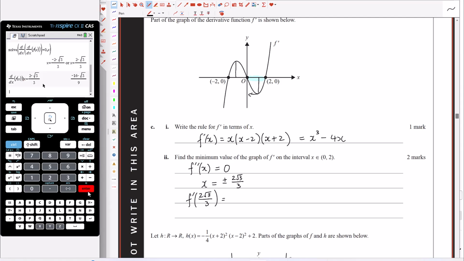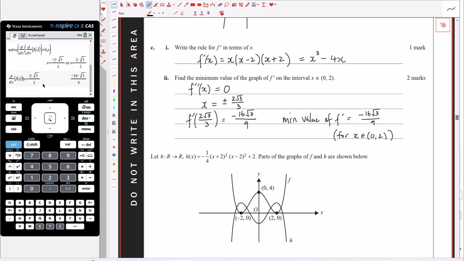Okay, so we've substituted that into the derivative, and we found the minimum value of the function there is going to be minus 16 root 3 on 9. So min value of f dash is minus 16 root 3 on 9 over this domain. Obviously, we can see down here there are lower values of the derivative, but if we're just focused on the domain from 0 to 2, that's the minimum value of the derivative.